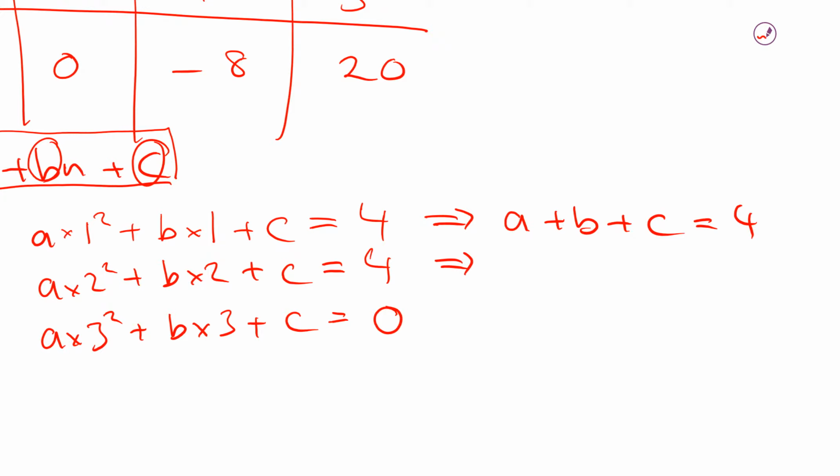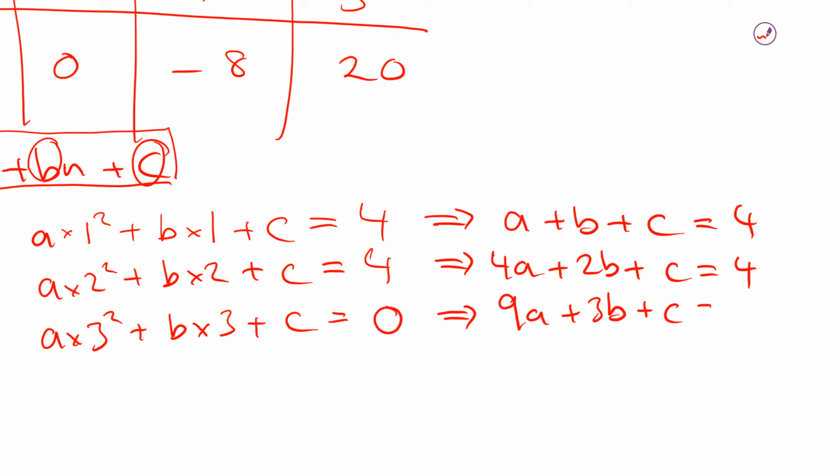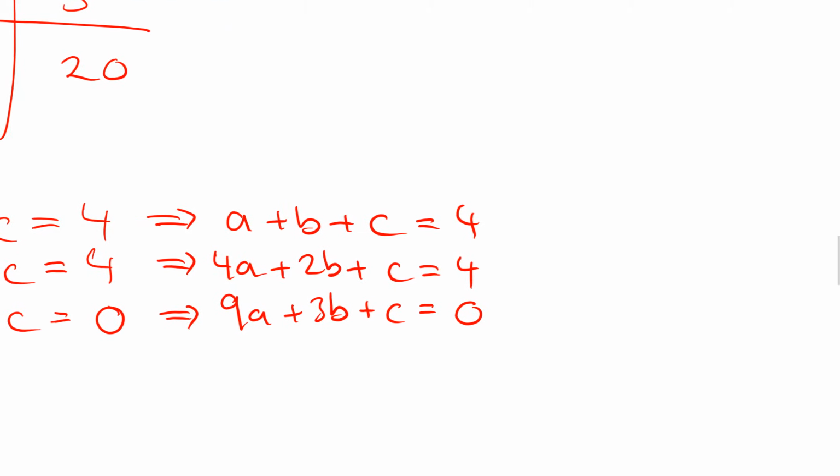How many A's? 4. 4A plus 2B plus C equals 4. Good. And the next one. 9A plus 3B plus C equals 0.